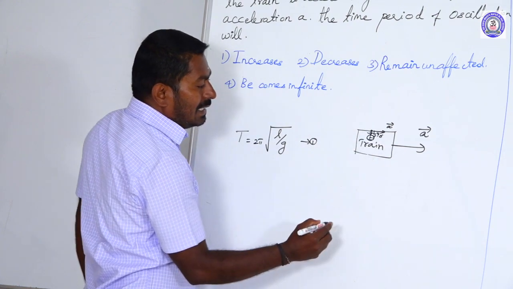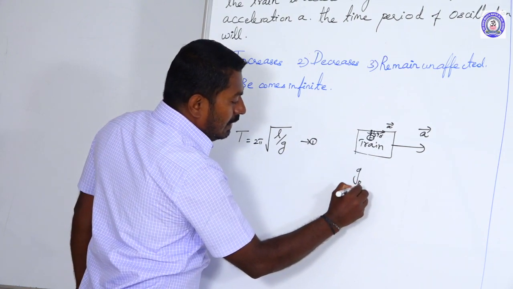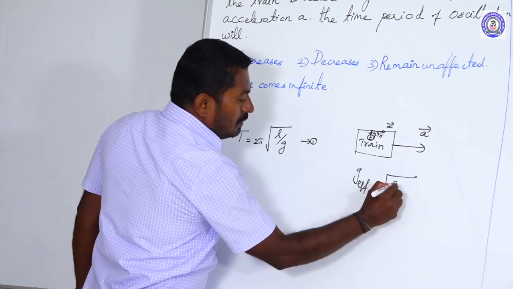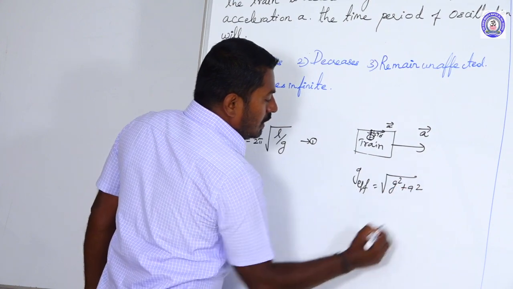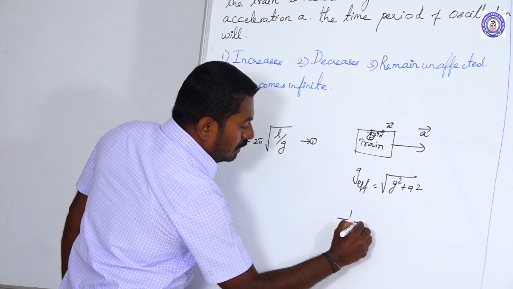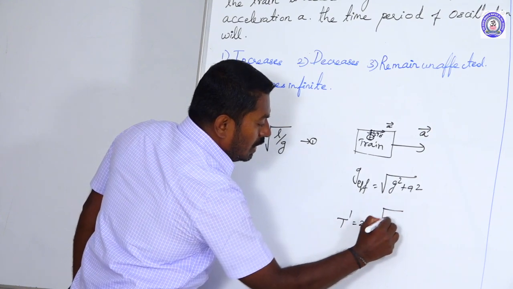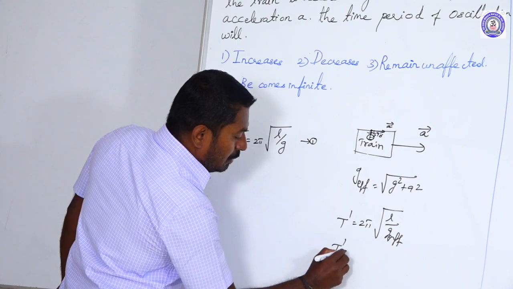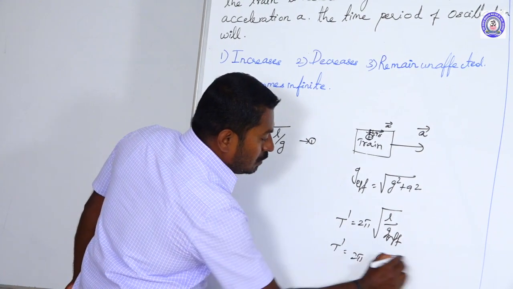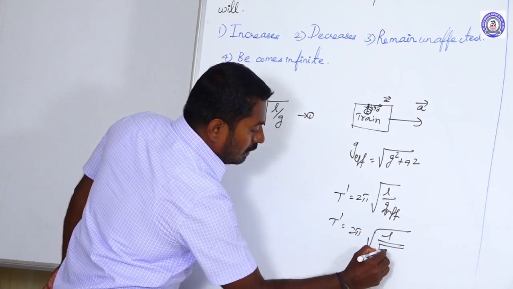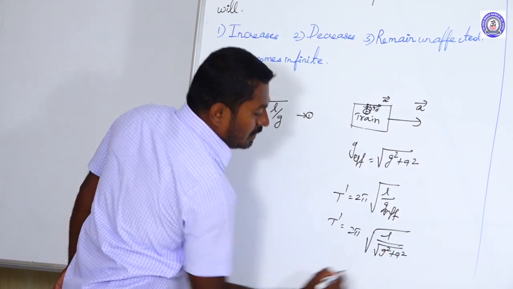Then the effective acceleration g effective is equal to square root of g squared plus a squared. The new time period of oscillation T prime is equal to 2 pi square root of L divided by g effective, where g effective is the square root of g squared plus a squared.